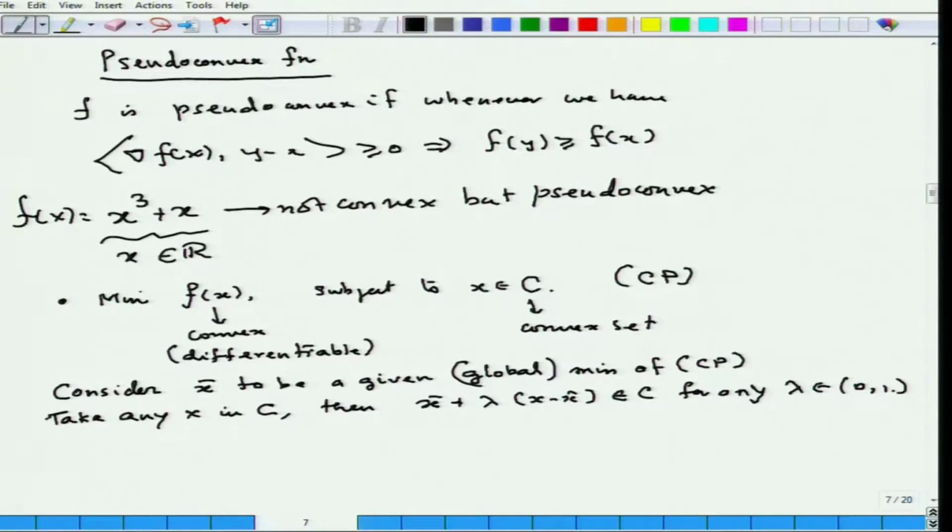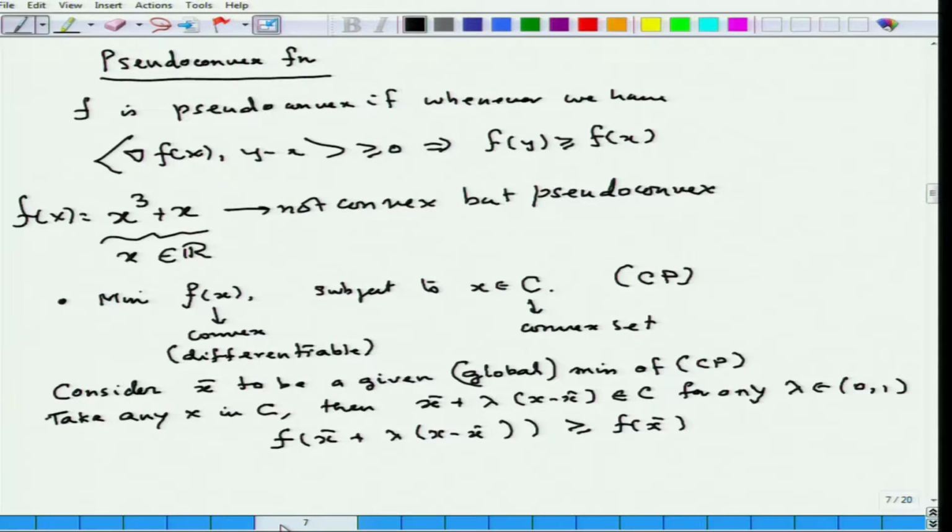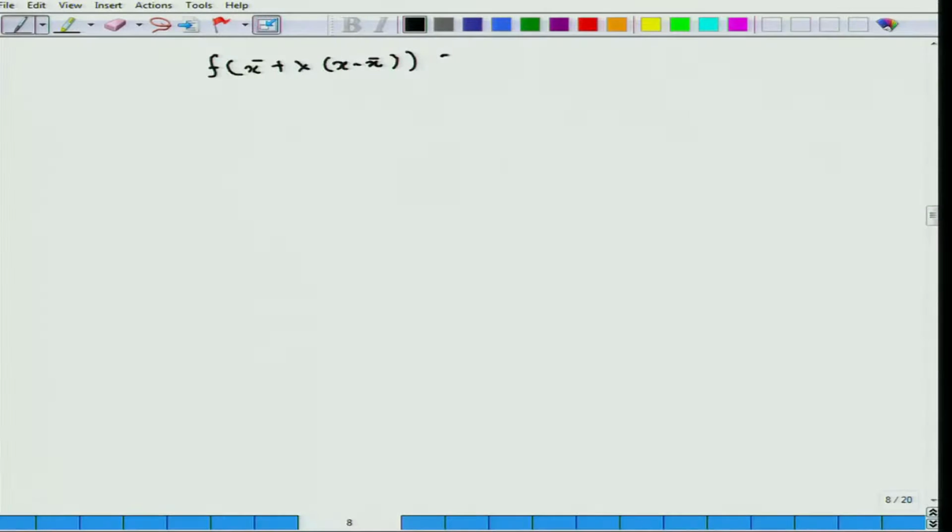Now, because this is in C and x bar is a global minima, I would have f of x bar plus lambda (x minus x bar) to be bigger than f of x bar, right. Once I have this, I can repeat that thing, f of x bar plus lambda (x minus x bar), and from here I will take it to this side to write this.